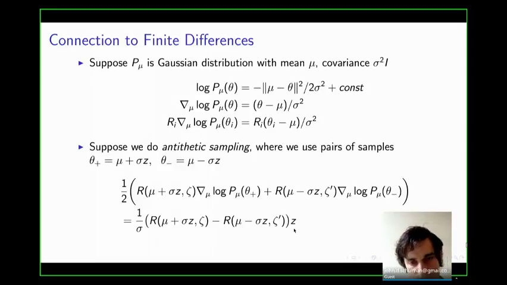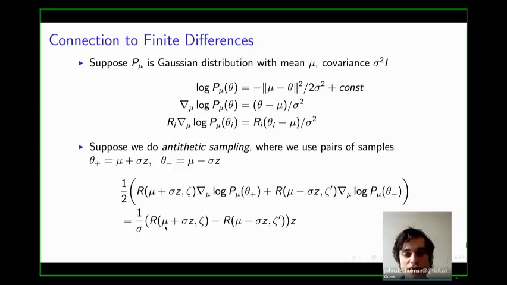So Z is effectively just a random direction because we just sampled a random vector, and then we look at the return measured at mean plus Z and mean minus Z, scaled appropriately.